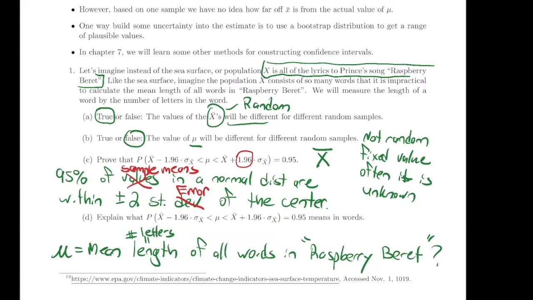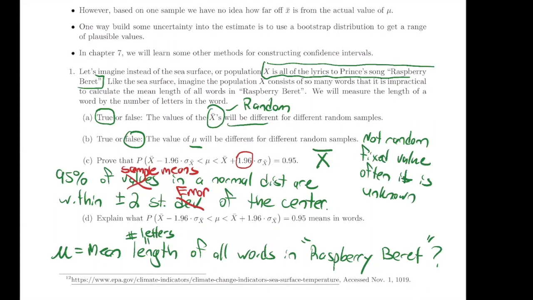So this tells us like where we should expect most of our sample means to be, but we're not trying to make predictions about where our sample means are going to be. So what we're going to do with this sampling distribution, we want to predict the value of mu.